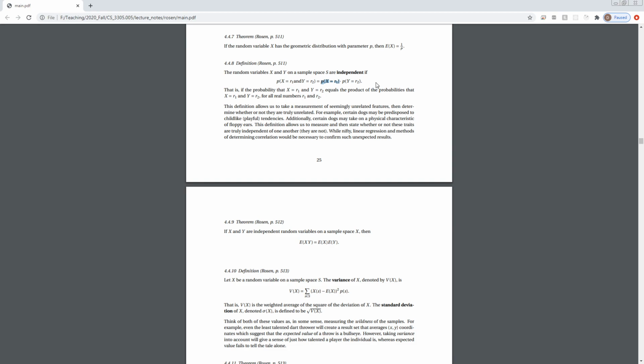The probability of x happening times the probability of y happening is equal to the probability of both happening. And so this defines it in the other direction. If you have something that meets this criteria, where whenever you measure both, it's equal to the probability of them happening individually, then you can see that they're independent.